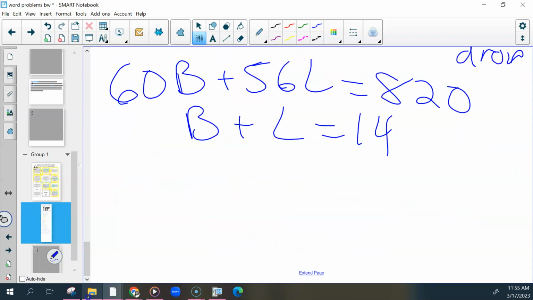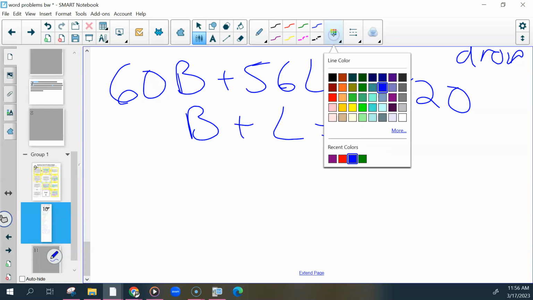So then we have choices again. Do we want to solve this by graphing, substitution, elimination? Graphing. Of course, this way is possible.